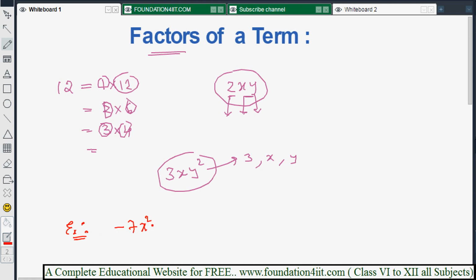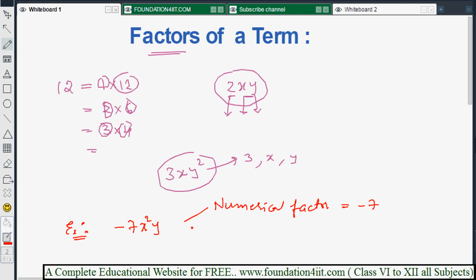In this, the numerical factor is minus 7. So the numerical factor is equal to minus 7. And when we compare, the literal factors are x square y, xy, x square y.